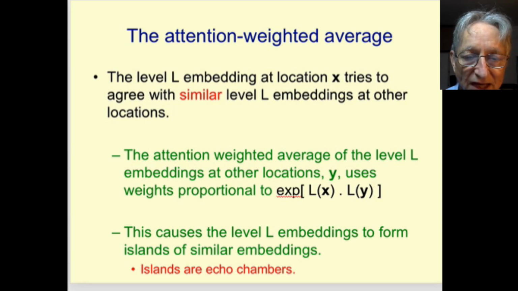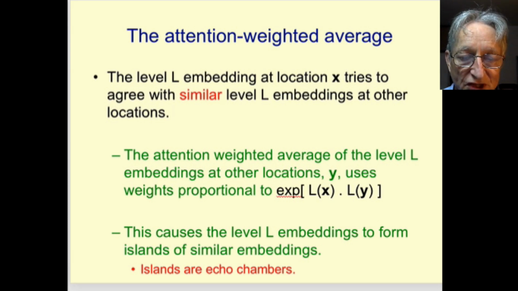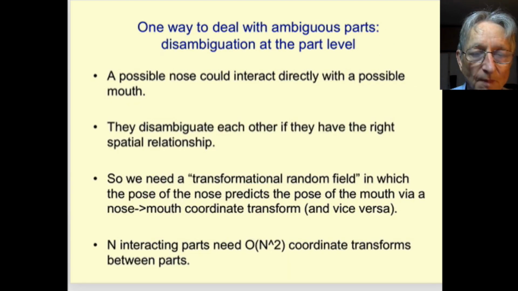Now what that kind of attention-weighted averaging will do is it will cause level L embeddings to form these islands. Essentially, we're creating echo chambers, so that as it settles down, you'll get these groups of embeddings that all agree with each other and get to agree with each other more and more strongly. Echo chambers are a bad thing in politics, but they're exactly what we want for segmenting an image.